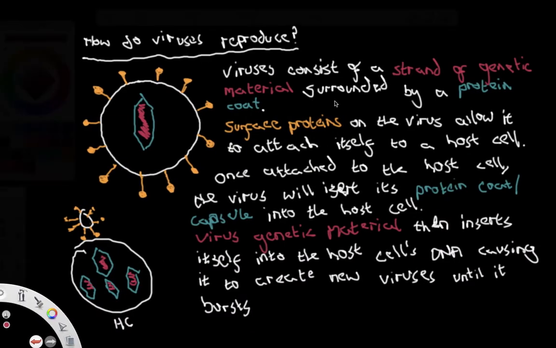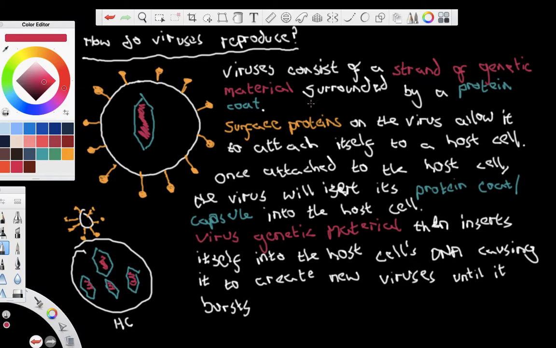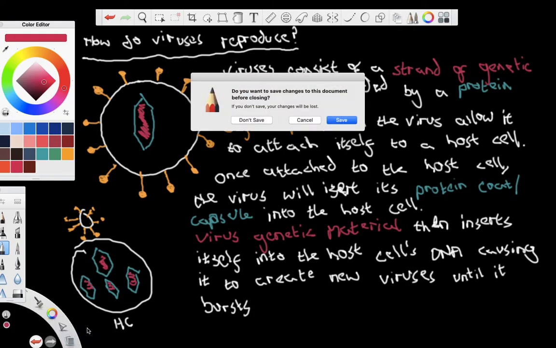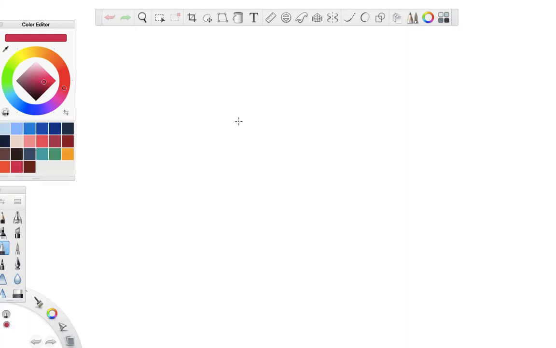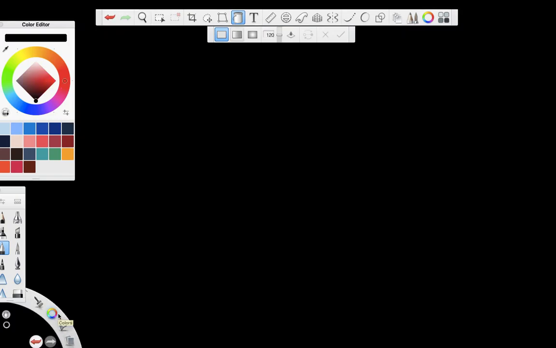Okay, lovely. So you should have paused the video and done that diagram saying how these viruses replicate. The final part of this lesson, we need to have a think about how these viruses reproduce and how they spread.